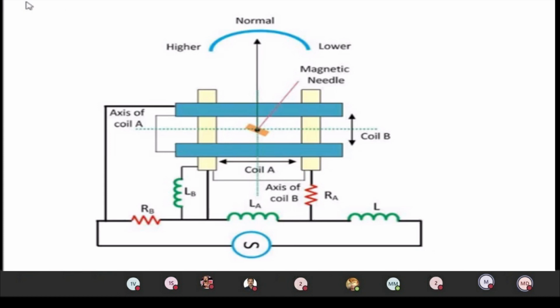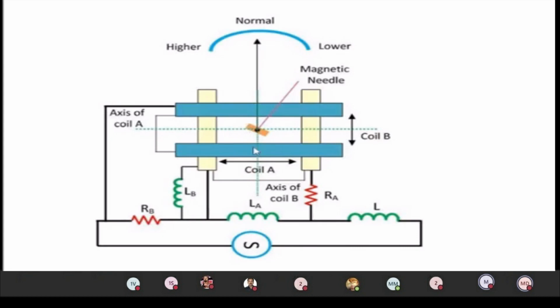If you switch on the supply, the current starts to flow inside coils A and B. Due to the current, a perpendicular magnetic field is set up in the coils, and the magnitude of the field depends on the current passing through the coils.